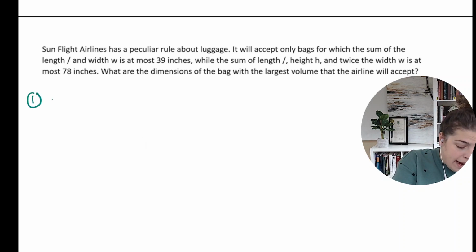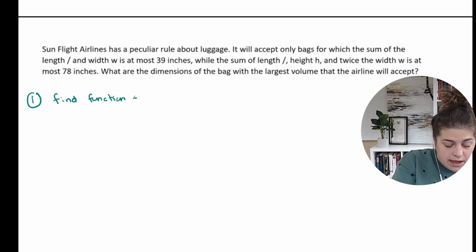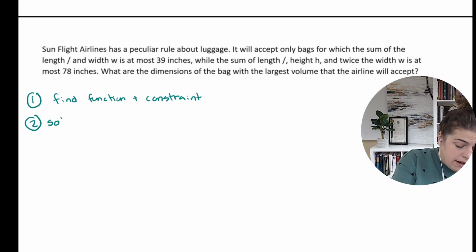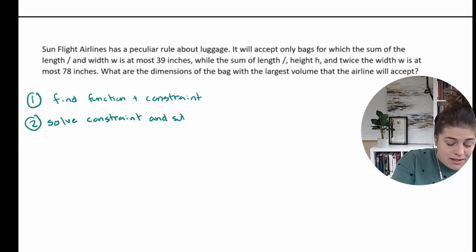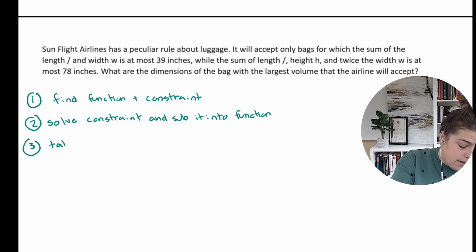One, we need to find our function and the constraint. We need to solve the constraint for a variable and sub it into our main function. We take the derivative.